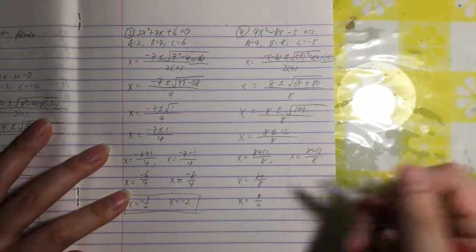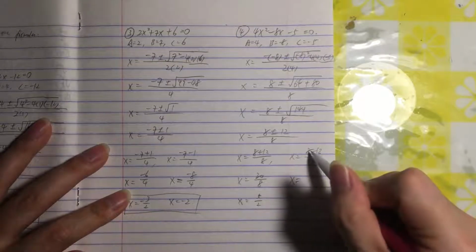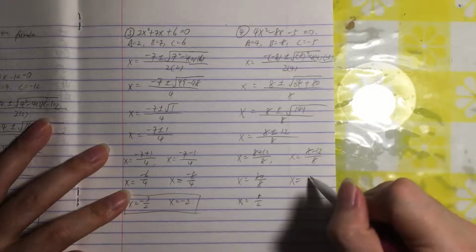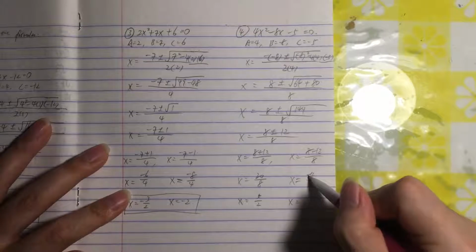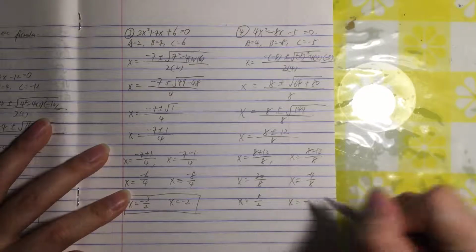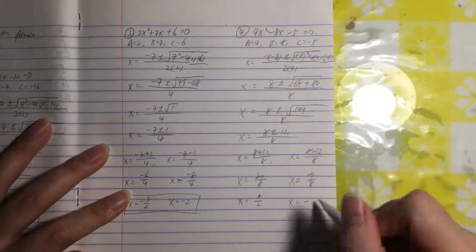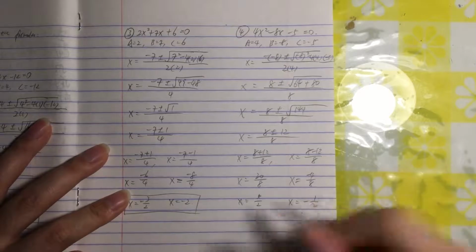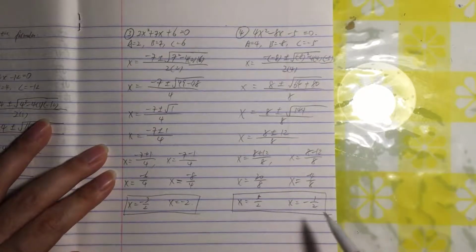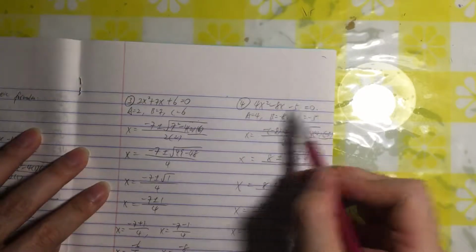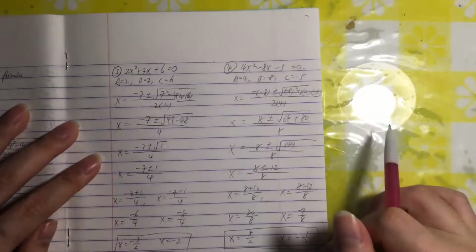That's one solution. Another solution here, 8 minus 12 is negative 4. Negative 4 over 8. Here, negative number divided by positive number is negative. 4 over 8 can be reduced as 1 over 2. So those are the solutions to this equation. If we solve this equation by factoring, we should get the same answer.